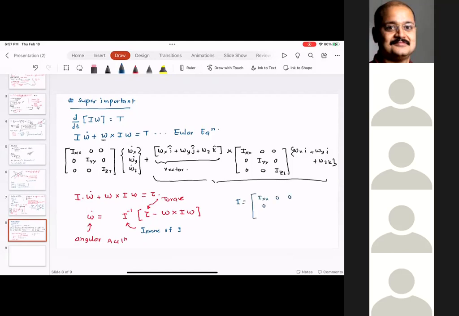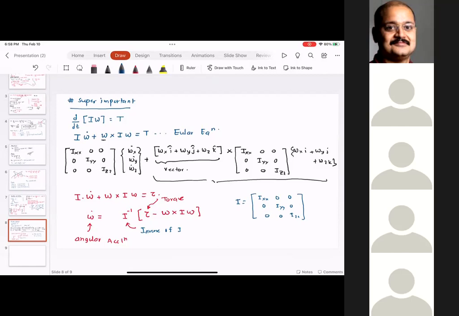Now, if my I is Ixx 0 0, 0 Iyy 0, 0 0 Izz, what would be the inverse of this? Think about it like an identity matrix. What is the inverse of an identity matrix? If I have a diagonal matrix, what is the inverse of a diagonal matrix? Inverse of the diagonal elements, right?